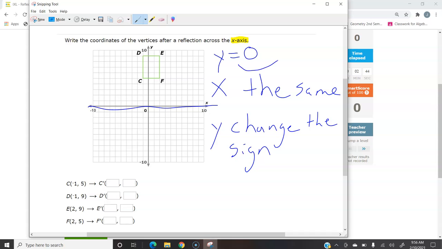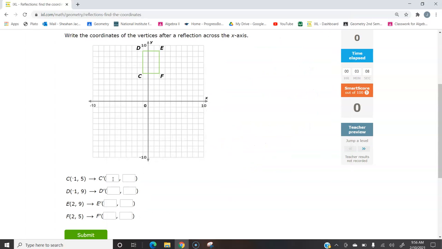If you see an equal sign next to a letter, that's telling you what to change. Okay? So x-axis is the same as y equals 0. So y equals 0 insinuates that we are going to be changing the y. Okay? So let's do that.